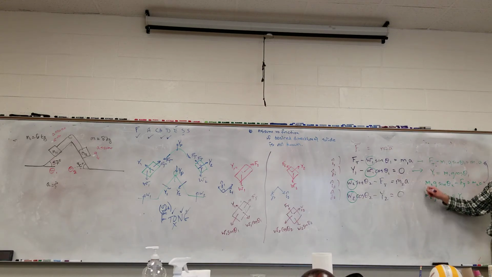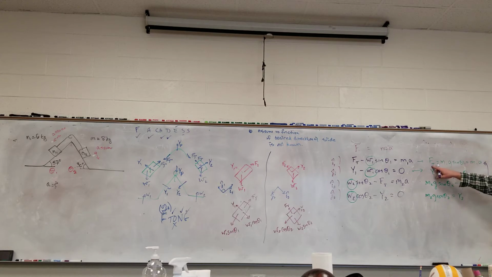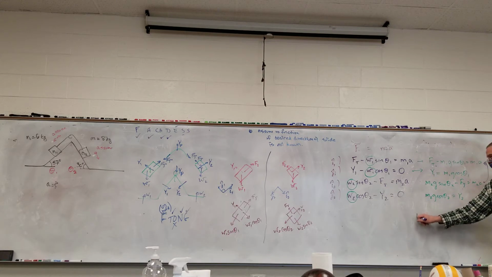So when I add the 2 equations together, my tensions are gonna cancel out because I got a positive and a negative one. So I have M2G sine theta 2 minus M1G sine theta 1 is equal to M1A plus M2A.